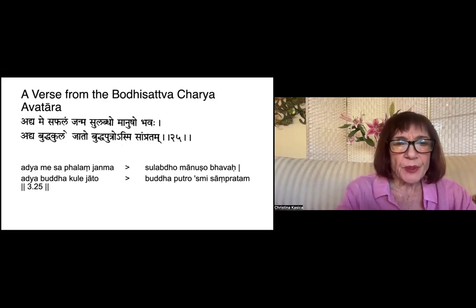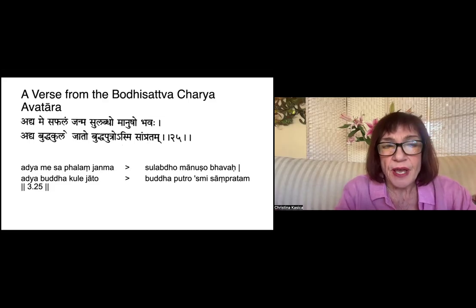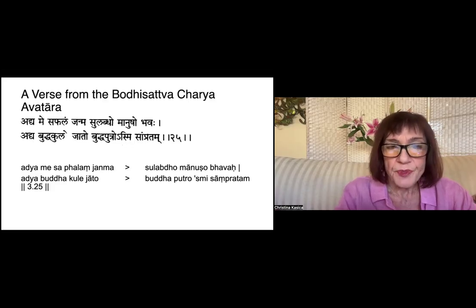Now, tell me a little bit about the consonants in this line as well. What is that final H at the very end of the first line, bhavaha? Does anyone remember what we call that?